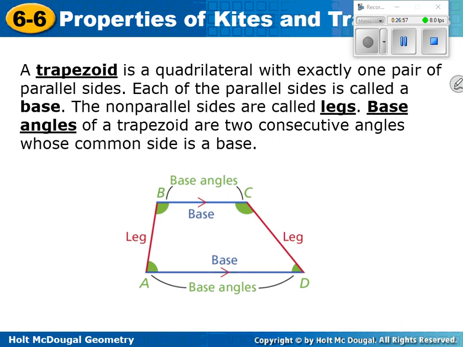I think you're thinking what Devin just said, which was supplementary. These two angles are same side interior, so they're going to be supplementary. What's going to be true about these two angles? They're going to be supplementary also because they're also same side interior. These two will not be supplementary because these two sides are not parallel. These two will not be supplementary either.